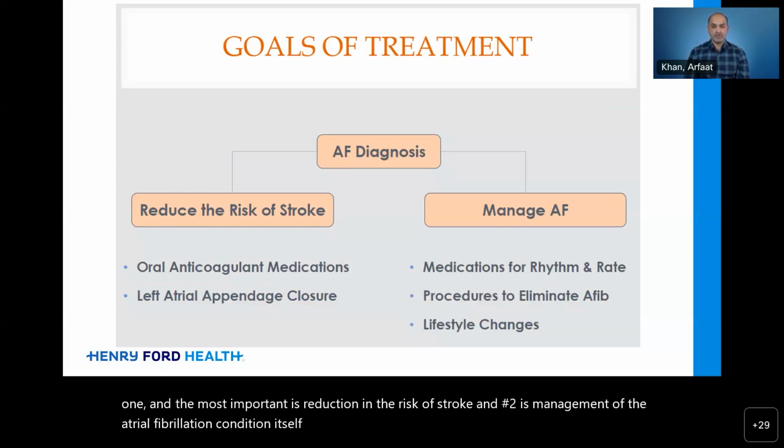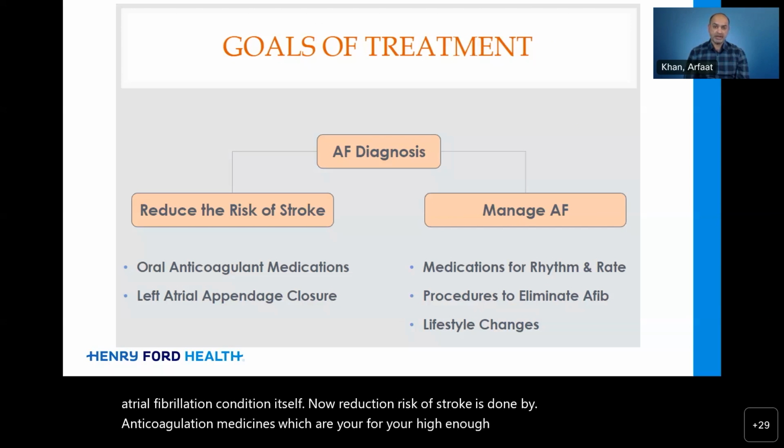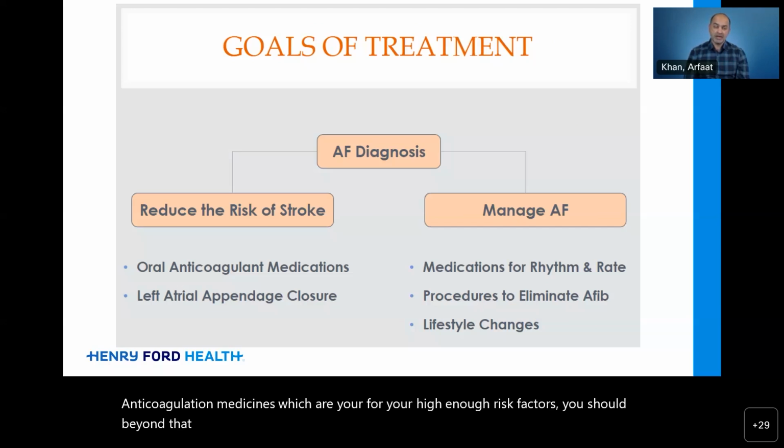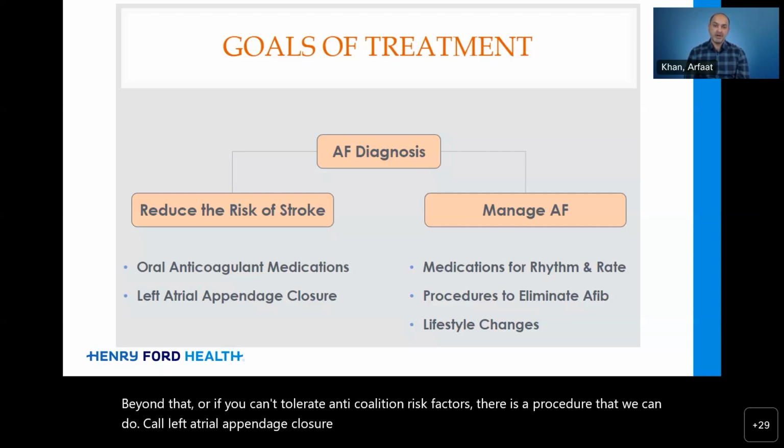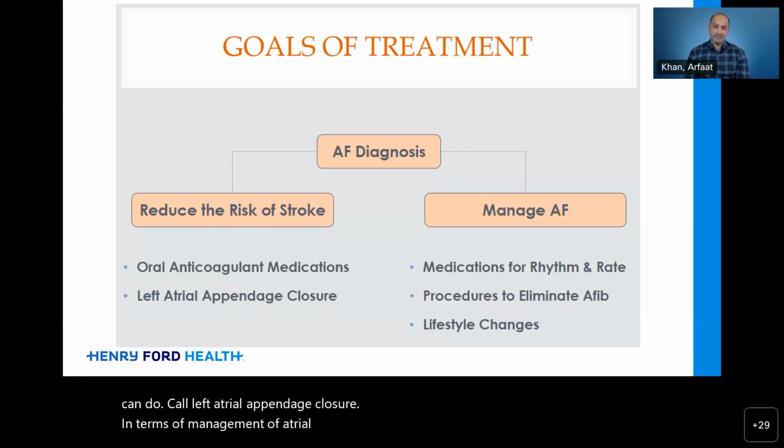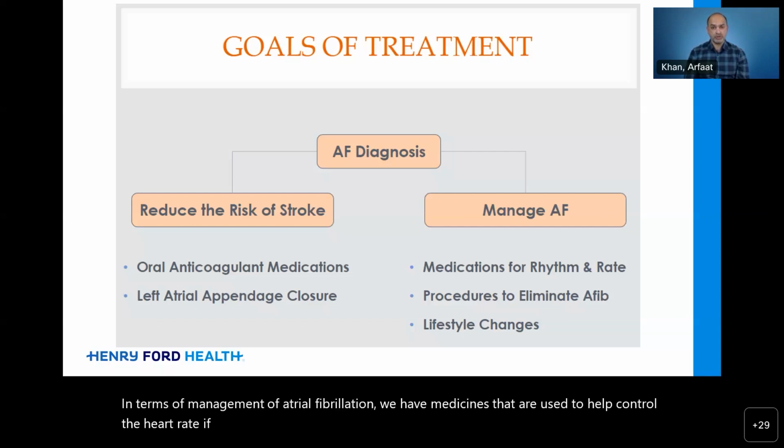Now, reduction of risk of stroke is done by anticoagulation medicines, which you should be on if you have high enough risk factors. Or if you can't tolerate anticoagulation, there is a procedure that we can do called left atrial appendage closure. In terms of management of atrial fibrillation, we have medicines that are used to help control the heart rate if you should go into atrial fibrillation, and medicines that are used to keep you out of atrial fibrillation altogether.